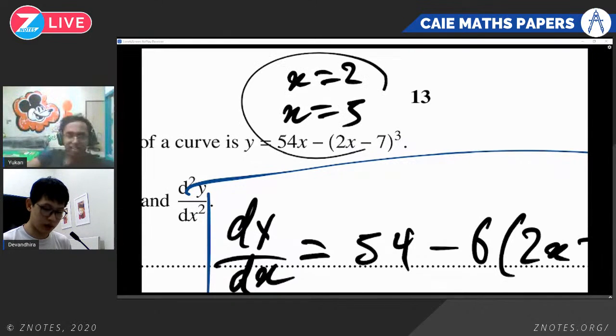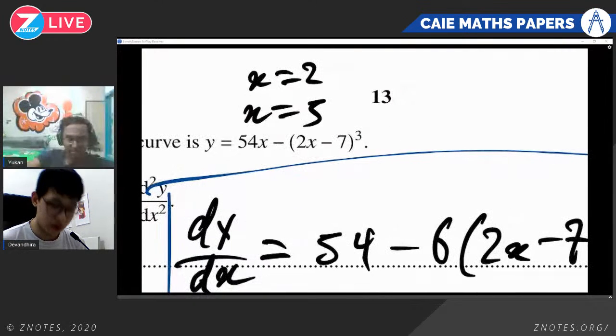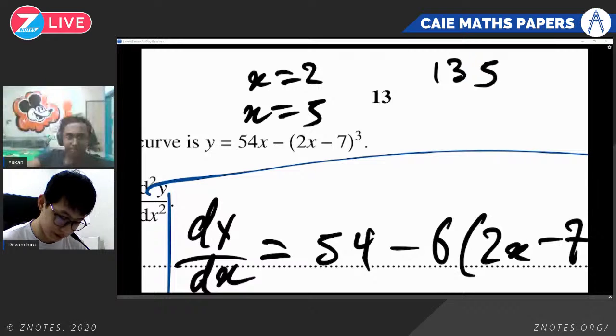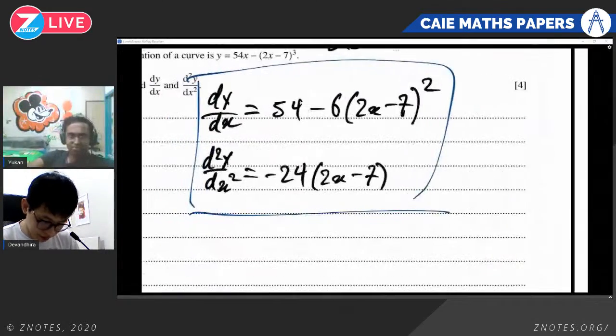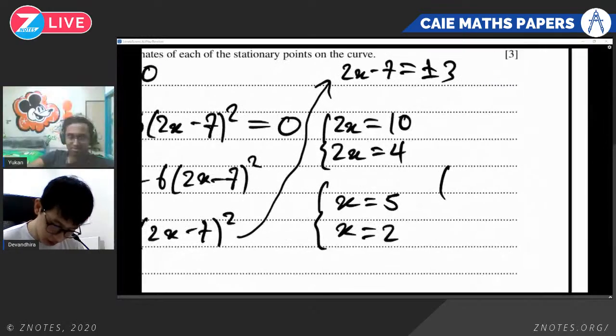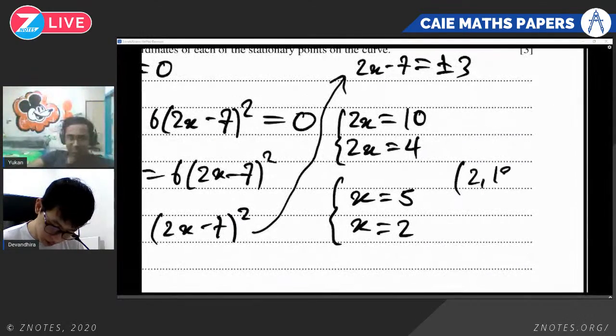So we can calculate it when it's 2. That's 135. And when it's 5, it's 243. We just have to write it down then. We have 2, 135 and 5, 243.